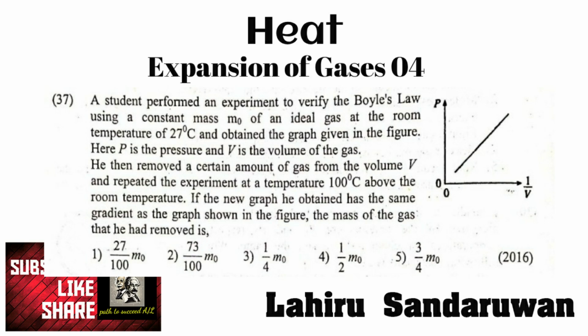He then removed a certain amount of gas from the volume V and repeated the experiment at a temperature 100 degrees above the room temperature. It means the new temperature should be 127 degrees. If the new graph he obtained has the same gradient as the graph shown in the figure, find the mass of the gas that he removed.